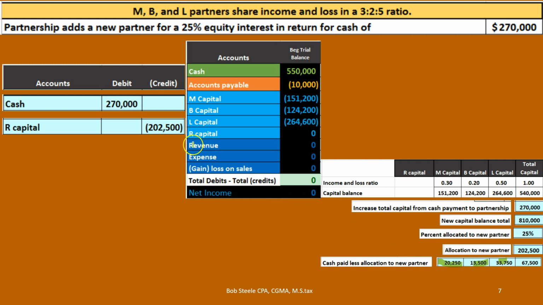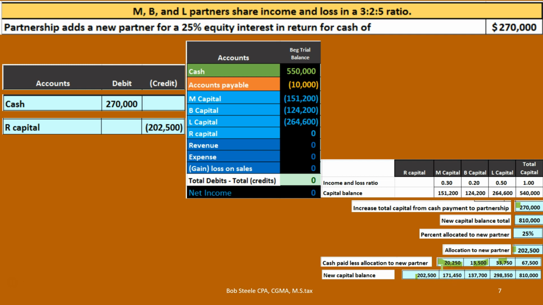If we take a look at the transaction, then our trial balance over here, we need to increase the account balances like so. So we will go up. Obviously, R is going to be on the books for the amount allocated to R, the 202,500 that we're putting R on the books for, and then we are going to increase the capital account balance from 151,200 plus the 20,250 in this case to the 171,450.